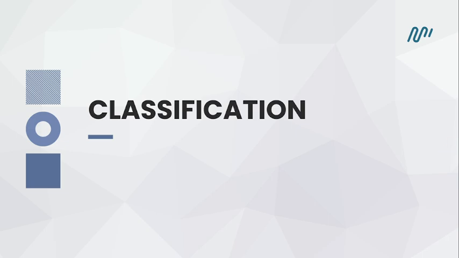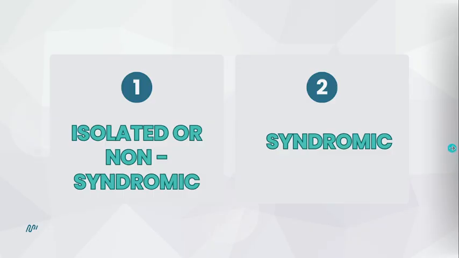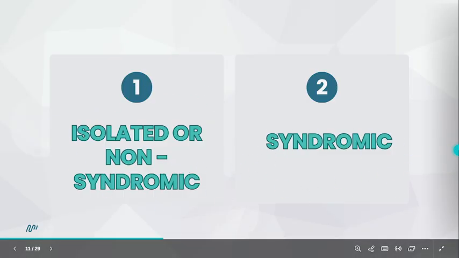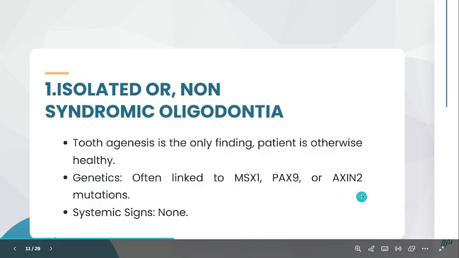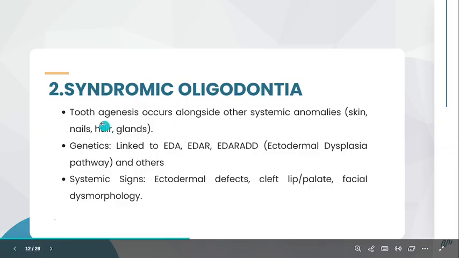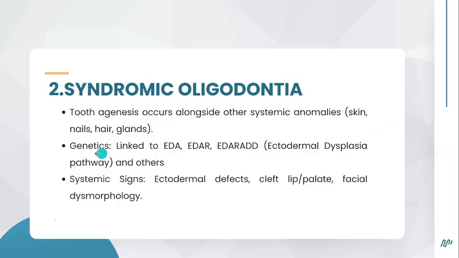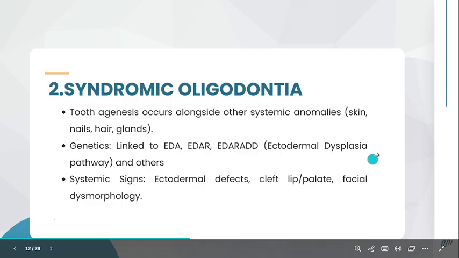We will briefly discuss oligodontia, as I highlighted mostly the diagnosis. Let's quickly look at the classification: isolated or non-syndromic, and syndromic. Isolated or non-syndromic means that tooth agenesis is the only finding; the patient is otherwise healthy, with no systemic signs. In syndromic cases, the patient has other systemic anomalies from the ectoderm.